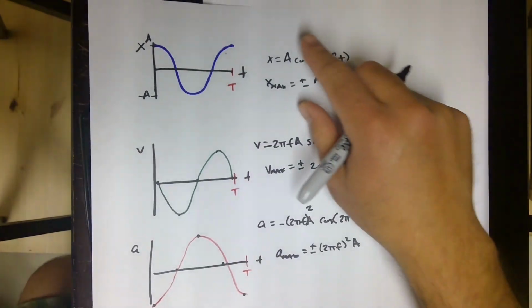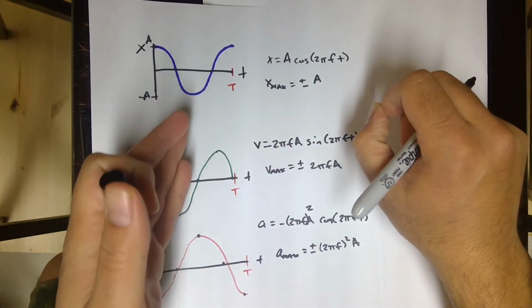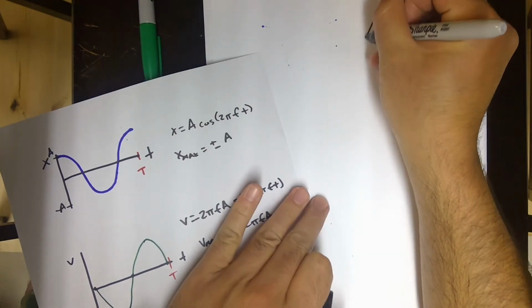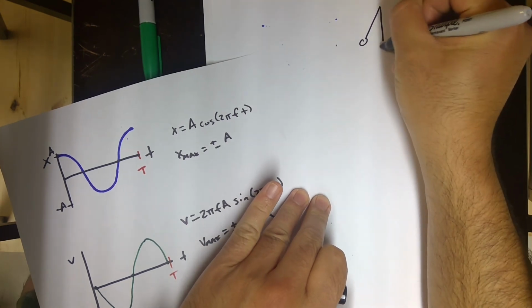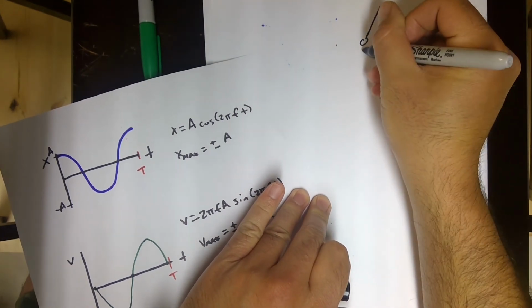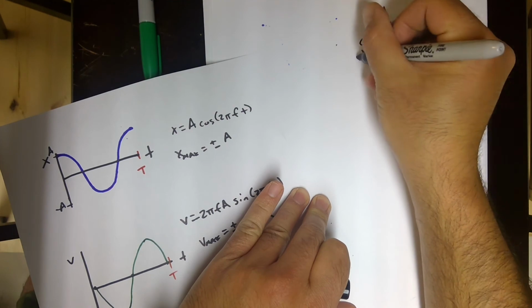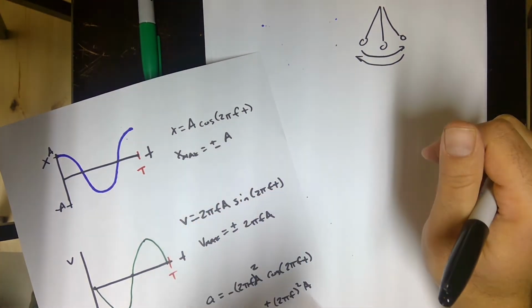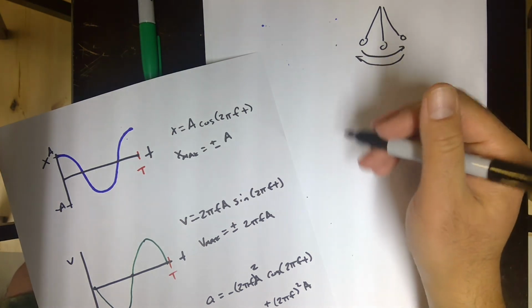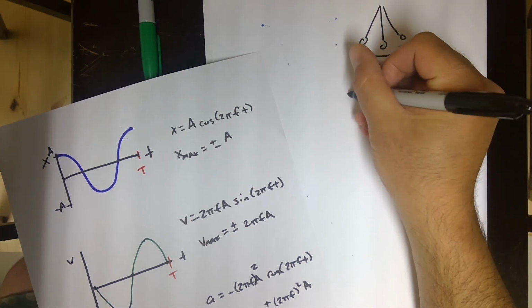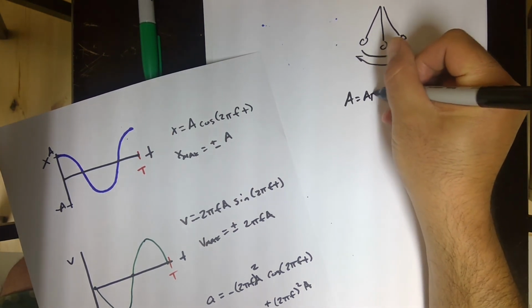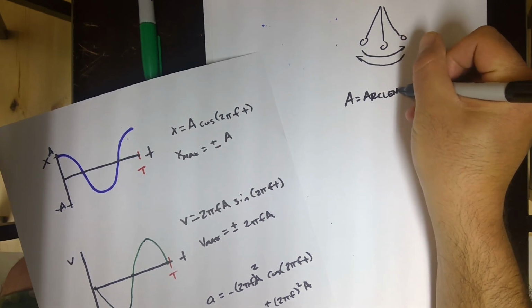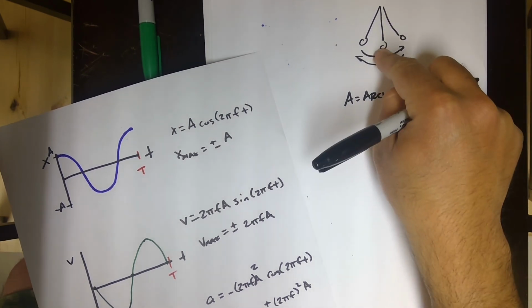So if I'm looking at those equations here, what we did was we said A is how far we extended the spring. Well, if you think about a pendulum, it goes back and forth, and it's going over this distance and over this distance. So the two best ways I've seen them model these functions using a pendulum is for A to be a function of arc length as to how far away it is from this equilibrium point here.